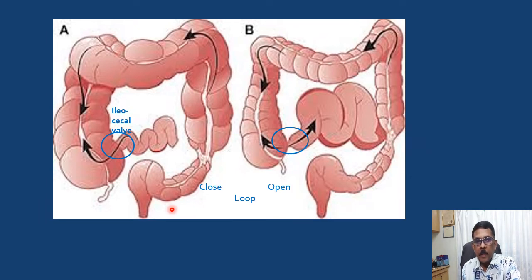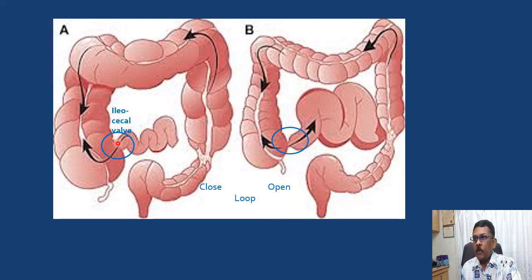These diagrams help to explain closed and open loop obstructions much more easily. This is the large intestine. There's a block, probably due to a tumor in the sigmoid colon. So the proximal segment distends with gas, fluids, and contents of the intestine, and the pressure within it increases.